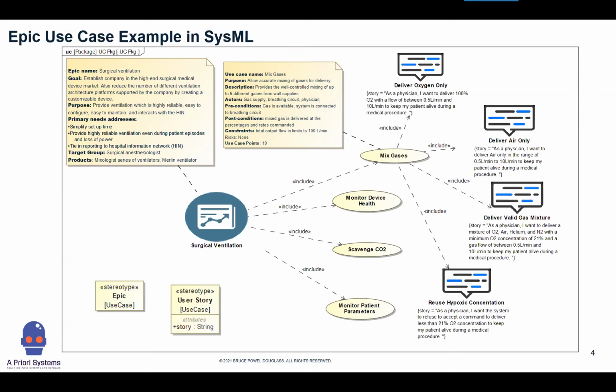Maybe that's just because of the stereotype, or if you could speak to that. And then also, would each of these use cases be related to some behavior or requirement or structural feature, or would only the leaf, or atomic, use cases be related to those requirements or other elements? Okay, so I counted 3 questions there.